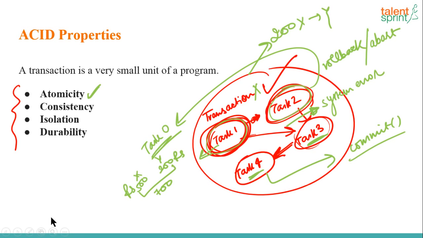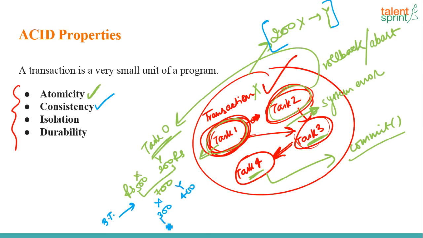Now what consistency means is that before the transaction, your total was 700. That is the total value of the database. After completing this whole transfer of 200 rupees from X to Y, X will be left with 300, Y will get 400.